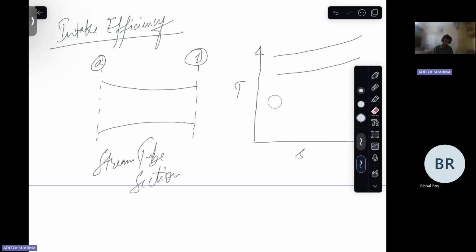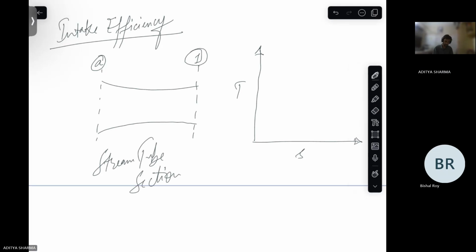I should draw this more slant. Then this will come.